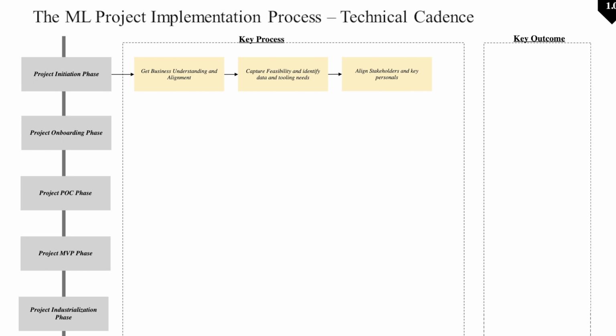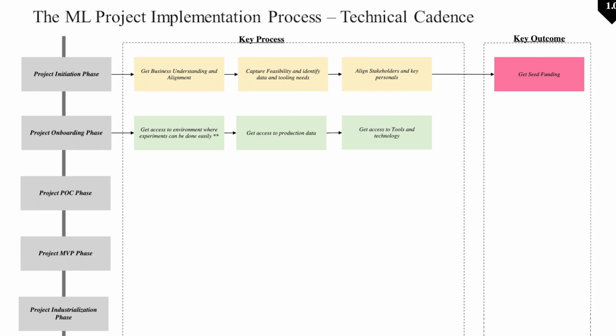So importantly, when we talk about an actual client, an actual ML project, it has to come from top down. It has to come from business, saying this is the business problem that we're trying to solve. And the key outcome is the business is going to come down and say, this is my seed funding. This is my initial funding. I want to set up a team, onboard the team, and solve this problem. So the next step is onboarding.